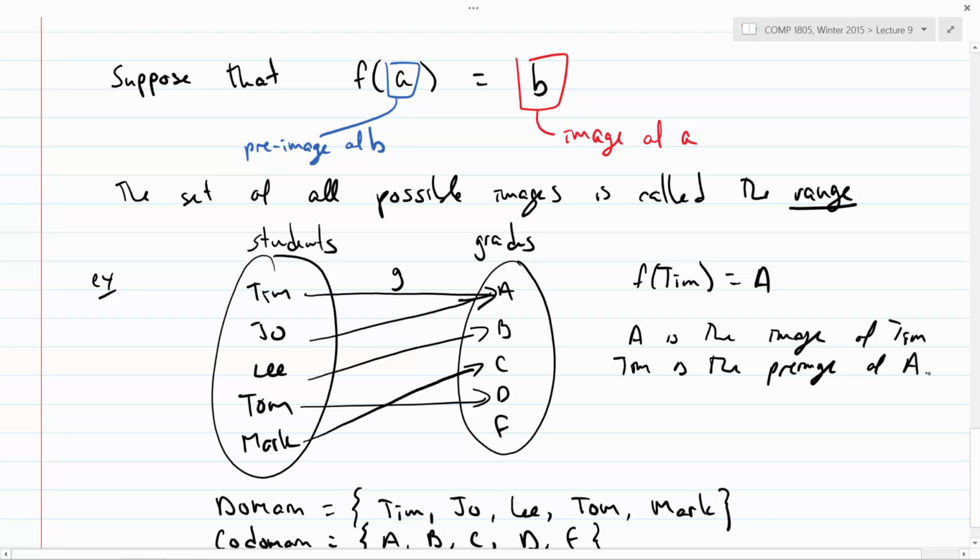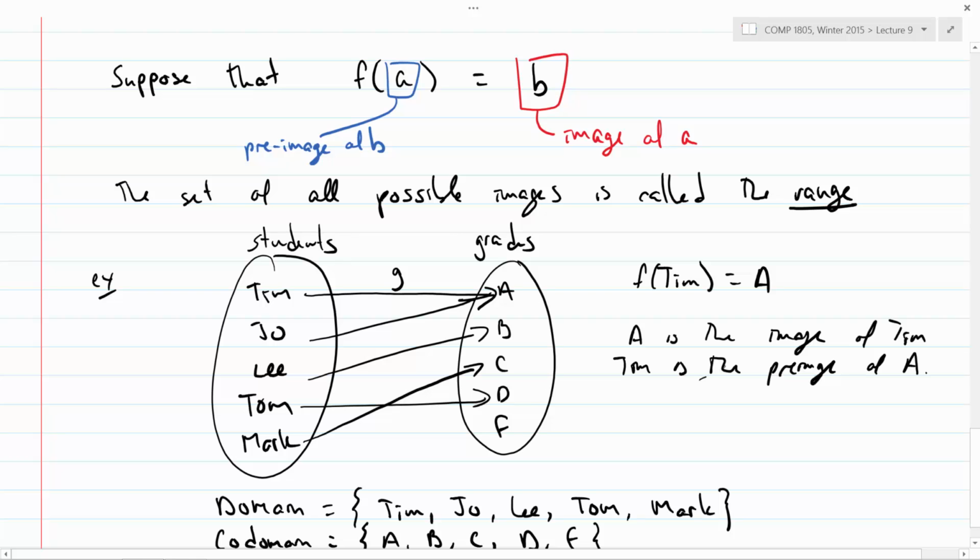Is that last sentence, Tim is the pre-image of A, a good way of phrasing that? Yeah, I would better phrase this as Tim is a pre-image of A, because if you say Tim is the pre-image of A, it makes it sound like there's only one.